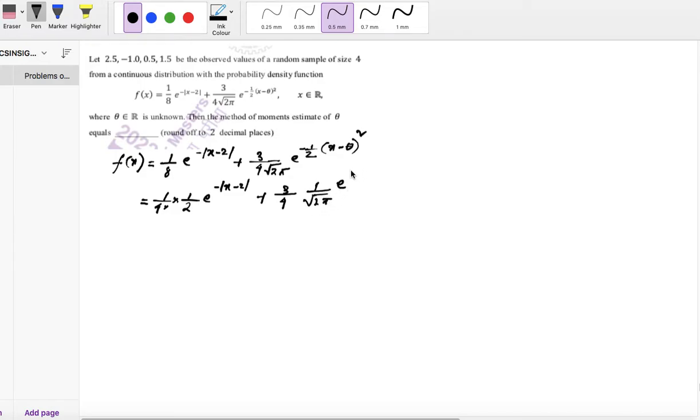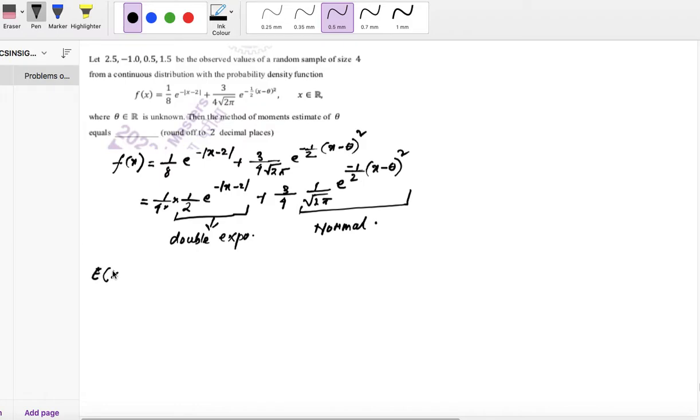This one is a double exponential, and this one is a normal distribution with variance 1 and mean theta. Fine. Now we need to estimate theta with the help of the method of moments.